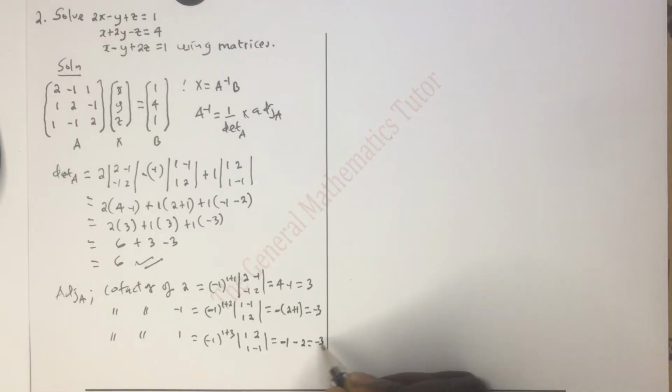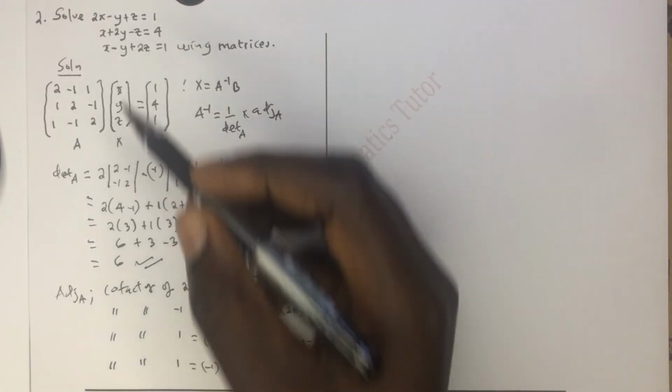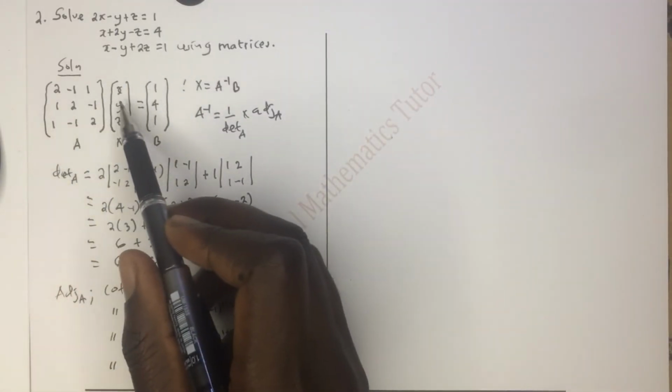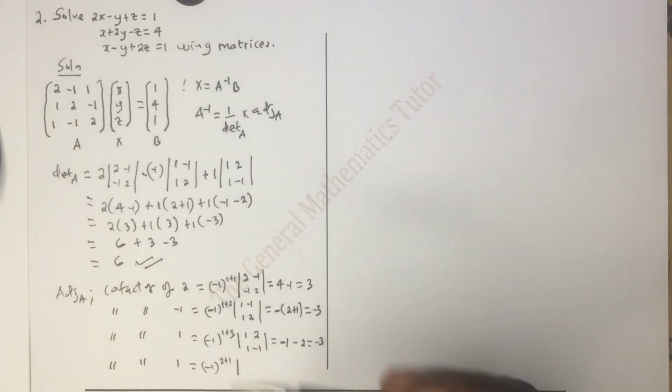So that is negative 3. Then we go to the cofactor of the next element, which is 1. 1 is in row 2, column 1, and when you cover its row and its column, you're left with negative 1, 1, negative 1, 2.